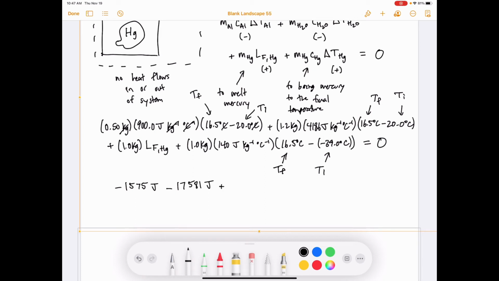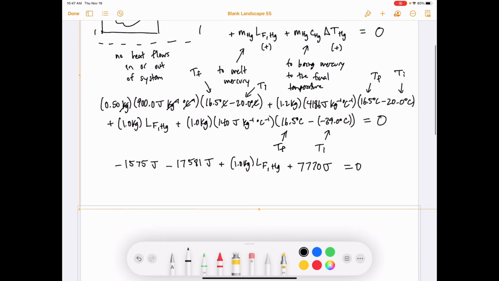The third term is just 1.0 kilograms times L_F, which we still don't know what the value is. We'll figure it out. And then the last term, if you crunch the numbers, is 7,770 joules. So all of that is equal to 0.